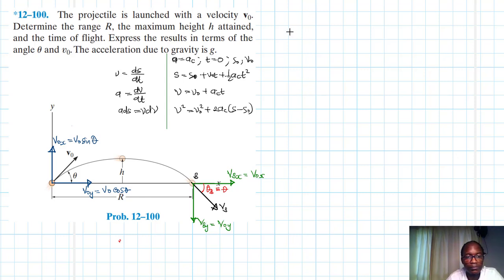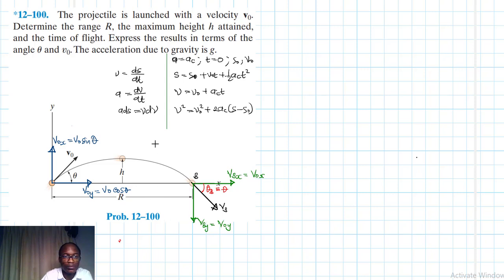Okay, so let's begin to work. V naught and theta in this case are known as variables. So let's start with this formula here. Of course, v naught and theta are known, so we can use this; we'll use this later on in the same part.